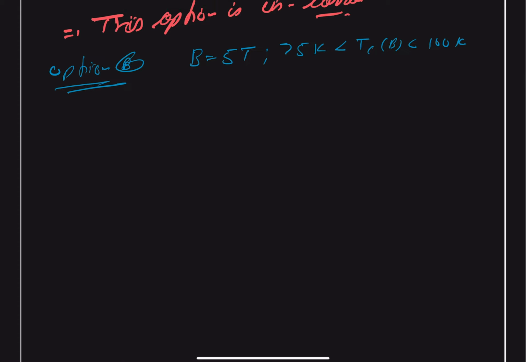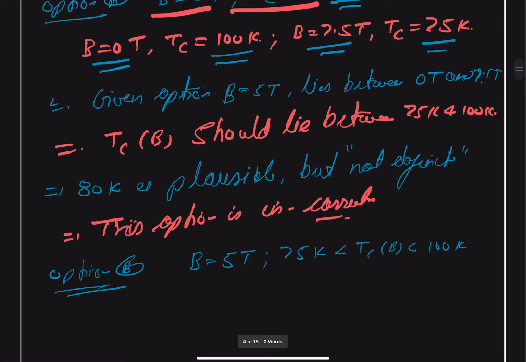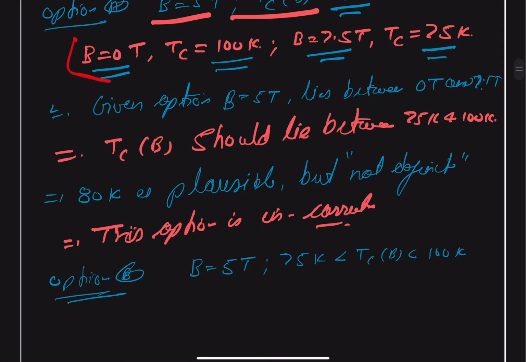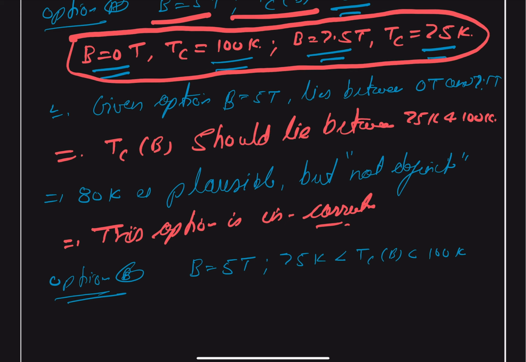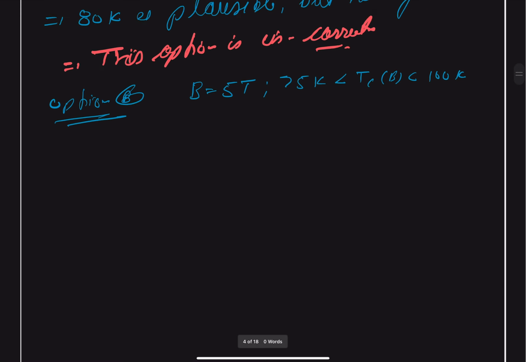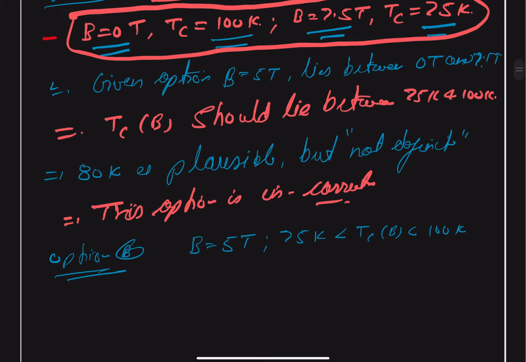Same discussion: for this particular range, this will be our fixed data and we are going to make a comparison. Let us call this as 1.